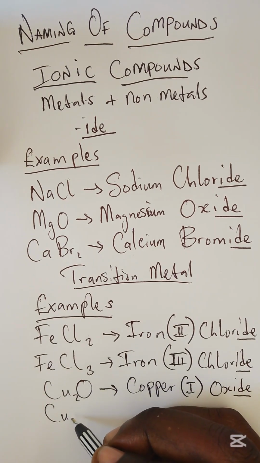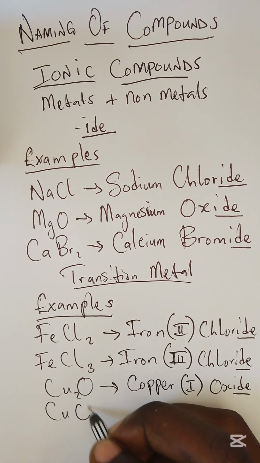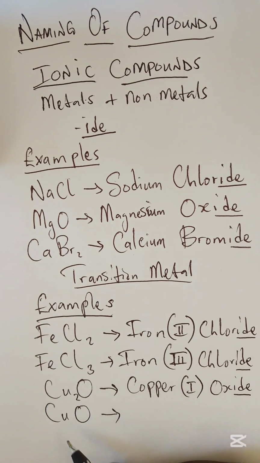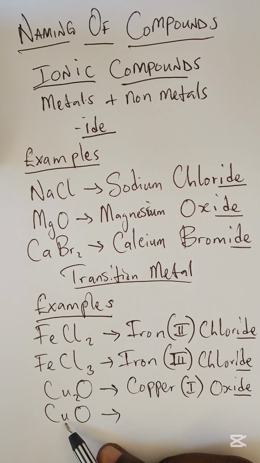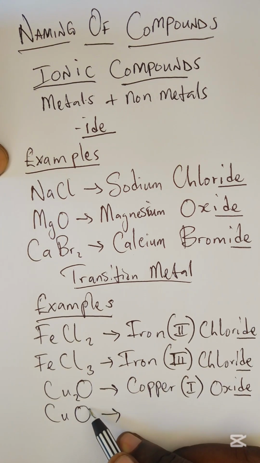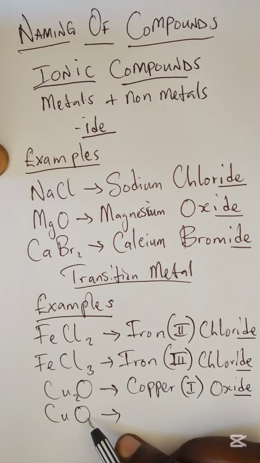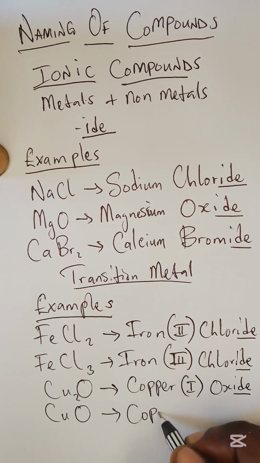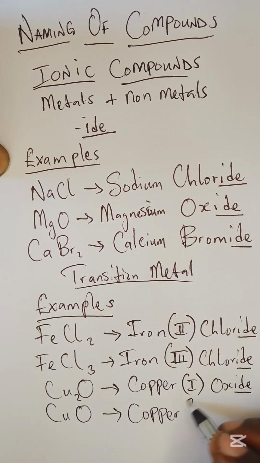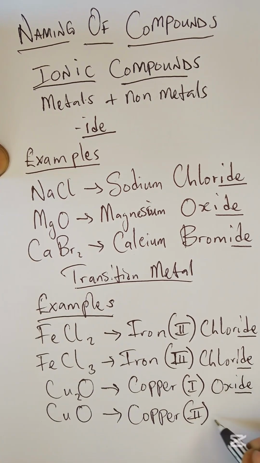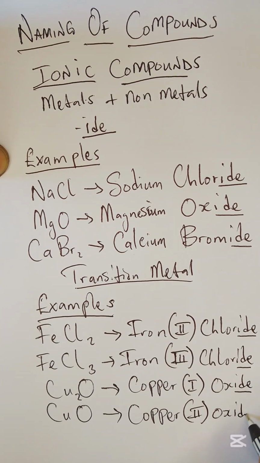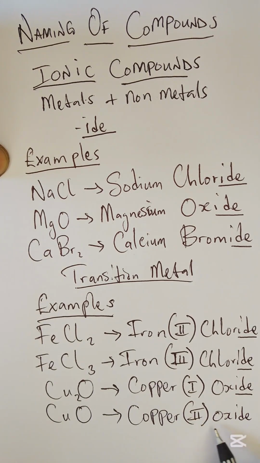But in this scenario, copper has 2 as a charge, because the charge that is coming from oxygen and the charge which is coming from copper 2 cancel each other. So that's the reason why it is copper without a 2 here and oxygen without anything. So it is copper, and then Roman numerals 2, oxide. So this is copper 2 oxide.